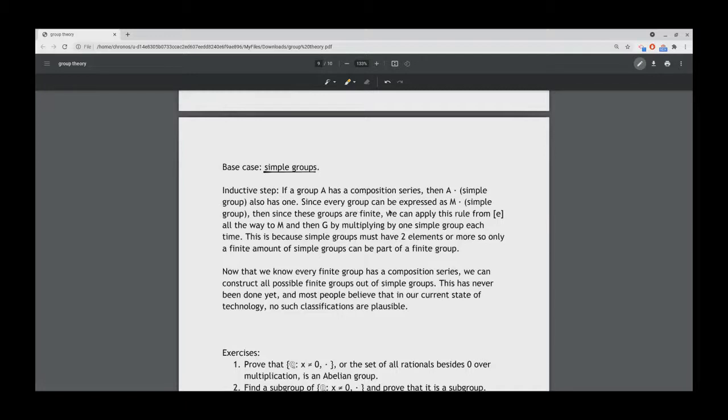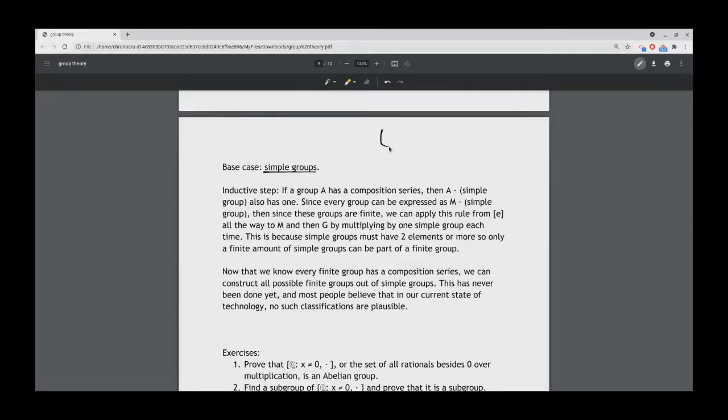Since every group can be expressed as M times a simple group, and since these groups are finite, we can apply this rule from E all the way to M and then G by multiplying by one simple group each time. This is because simple groups must have 2 elements or more, so only a finite amount of simple groups can be part of a finite group.